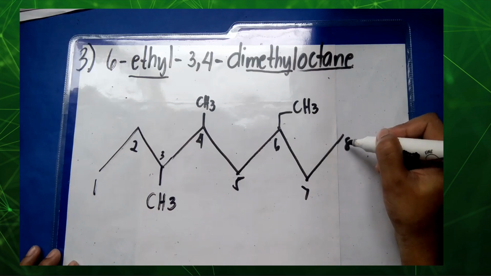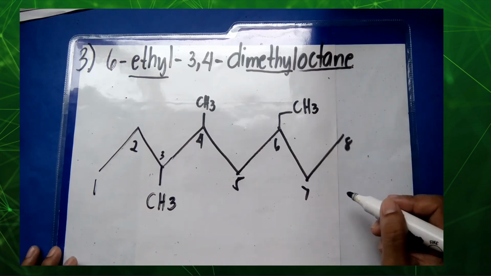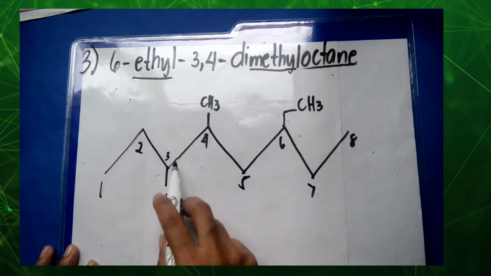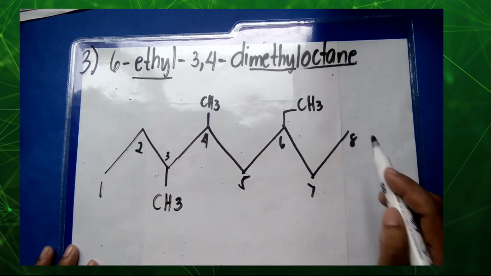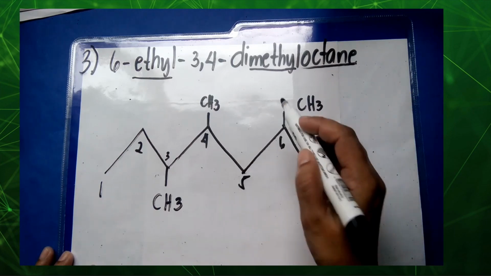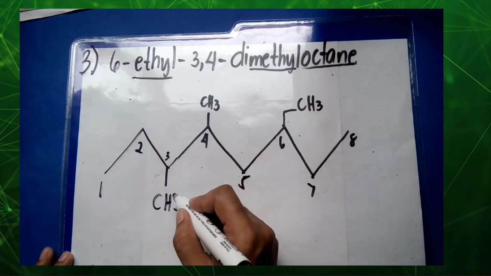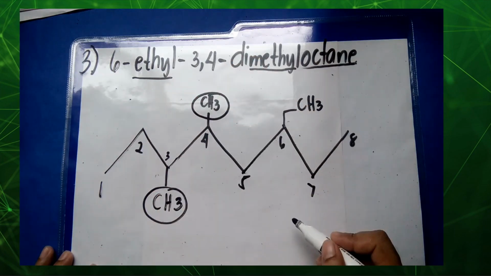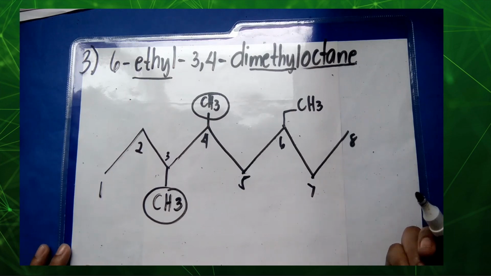Pwede naman pong dito kayo magsimula ng numbering. Okay? So, in this example, I will start here. So, 1, 2, 3, 4, 5, 6, 7, 8. Okay? So, that is the longest chain. And then, dimethyl. So, nasaan yung dimethyl? Nasa anong carbon atoms nakakonect?